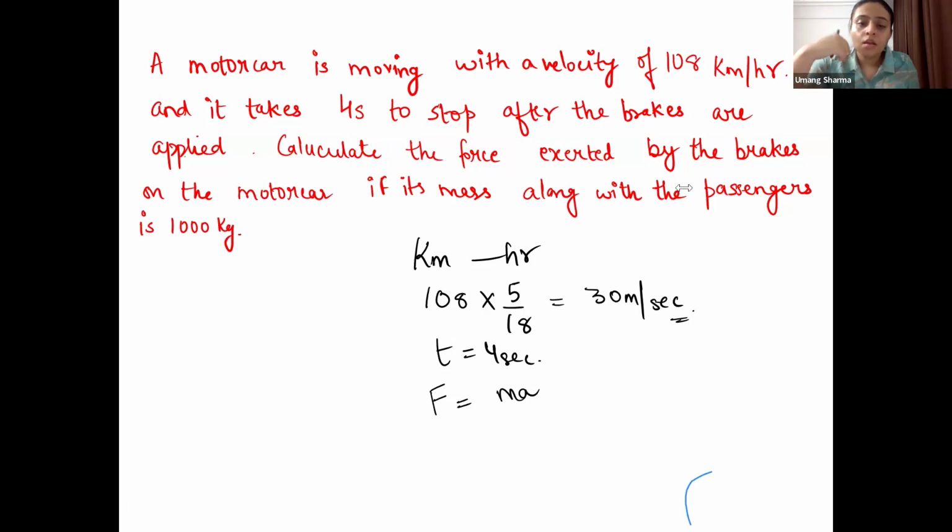Correct. Mehak, it's not final velocity actually. Final velocity is 0 here. Okay, so, one by one, Abhay is saying how 30 because 108 upon 18. Can anyone correct Abhay? This is how you're doing, no, Abhay? You need to multiply like this.